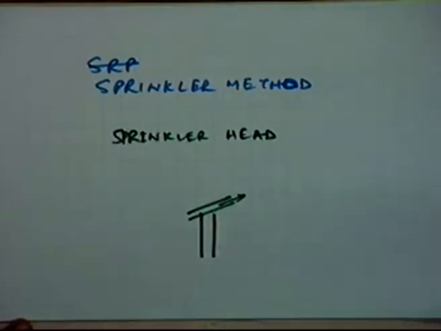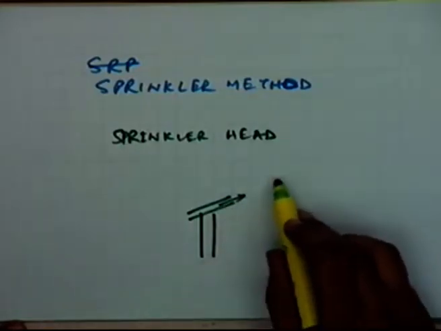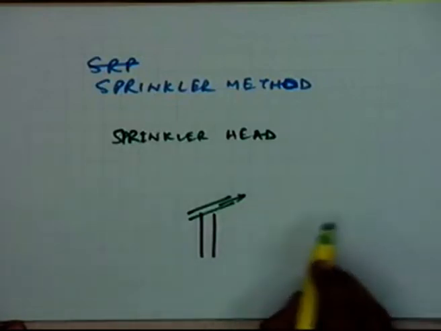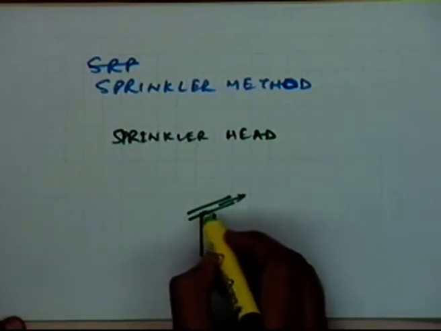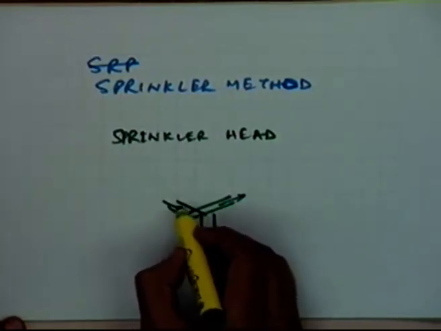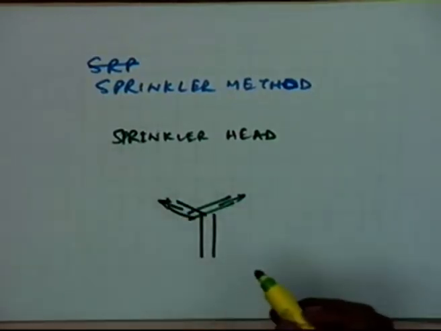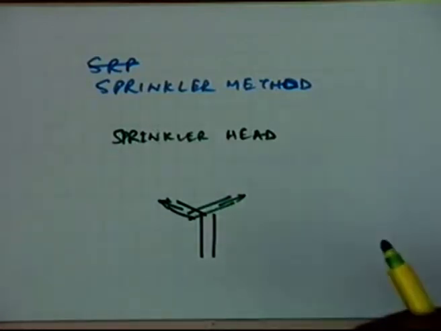It disintegrates a steam jet into smaller water particles, and those water particles are sprinkled over the ground. So you can either have a single nozzle head, or you might have a double nozzle head where you have two jets coming simultaneously, and they are distributing the water over the whole area.